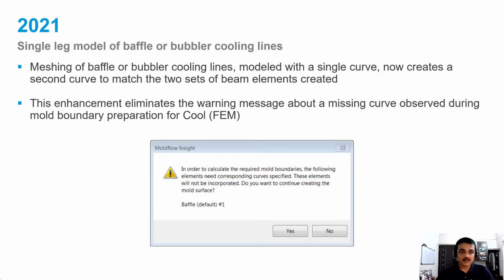Now with the 2021 release, we need to model a single curve for baffles and bubblers, and when you mesh it, it automatically creates another set of curves, or beams, for it. So it automatically creates a duplicate curve, and this will probably eliminate that warning of missing curves when you are trying to create Cool FEM.